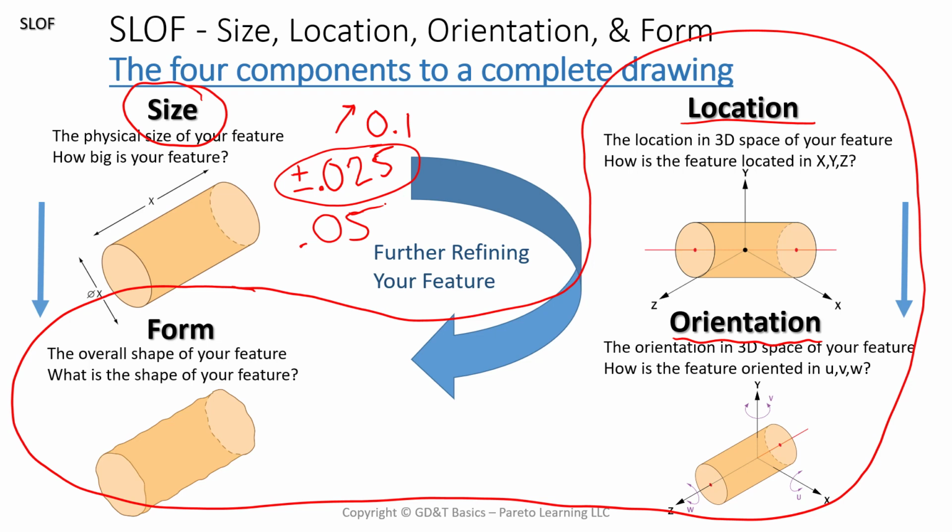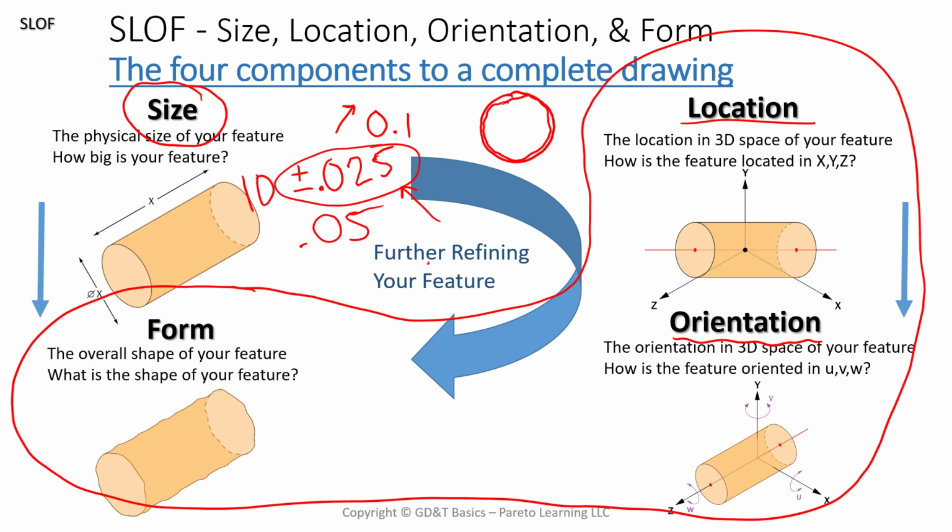So if that's on a diameter, remember we have that rule number one where the MMC could never cross the upper limit, whatever this is. Let's say this is 10 plus or minus 0.025. Well, the surface could never cross out of 10.025, right? That is the hard limit in this case.